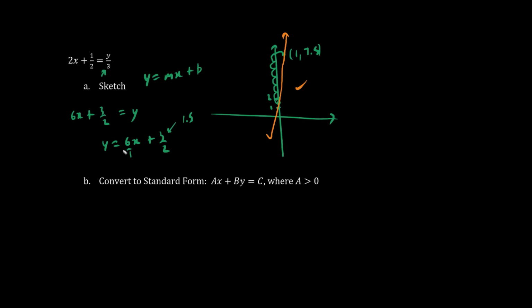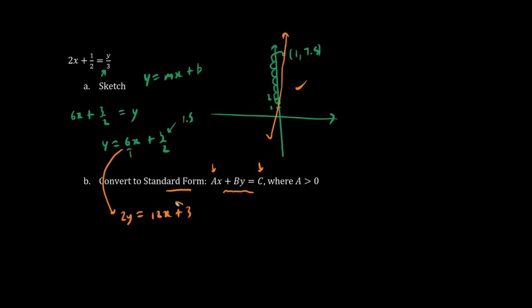Now let's convert this slope-intercept form to standard form in this format here. We want to get rid of all denominators, so let's multiply by 2. We have 2y equals 12x plus 3. Standard form leaves the coefficient of x positive, and we want to throw the constant over to the other side.